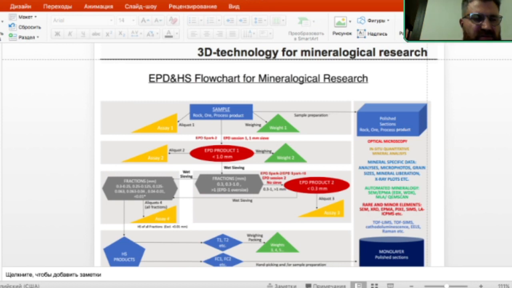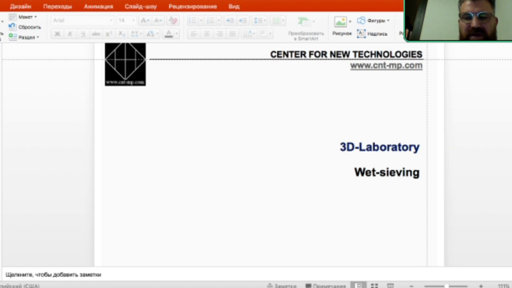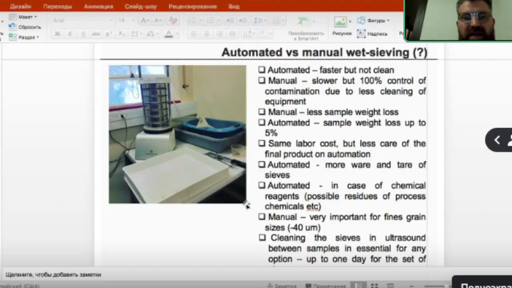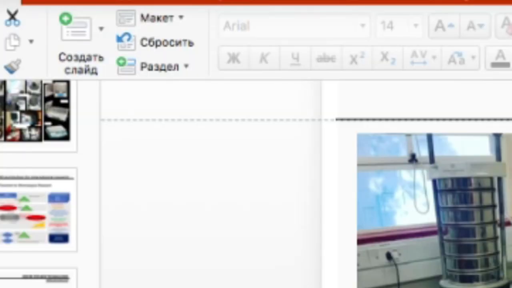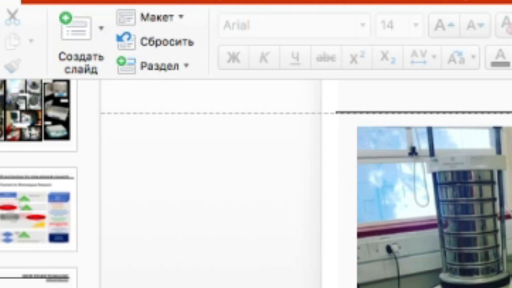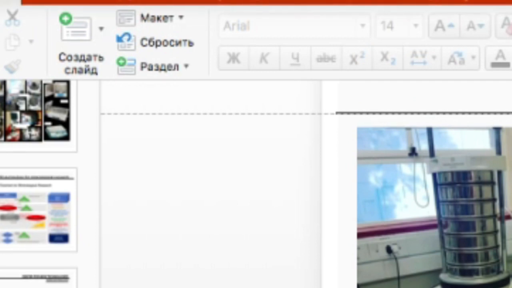So, wet sieving. Wet sieving is a process that can be done in two ways. It's either an automated way with a special automated screening device, or manual. And there are advantages and disadvantages of both approaches. So I tried to list them all in this slide.